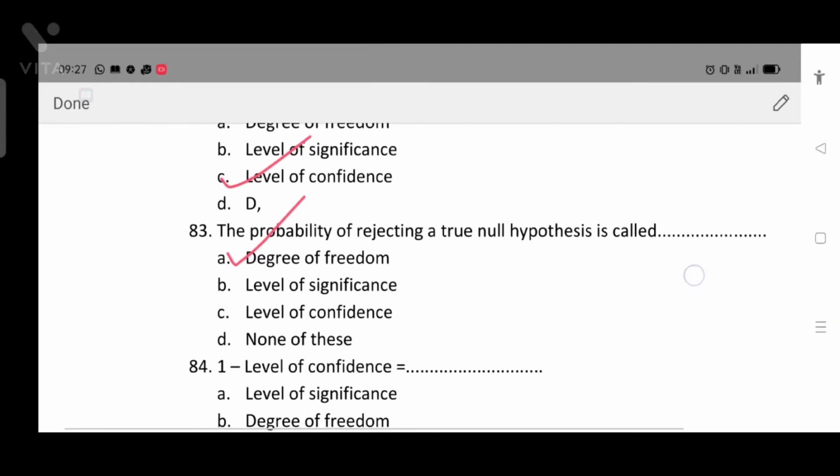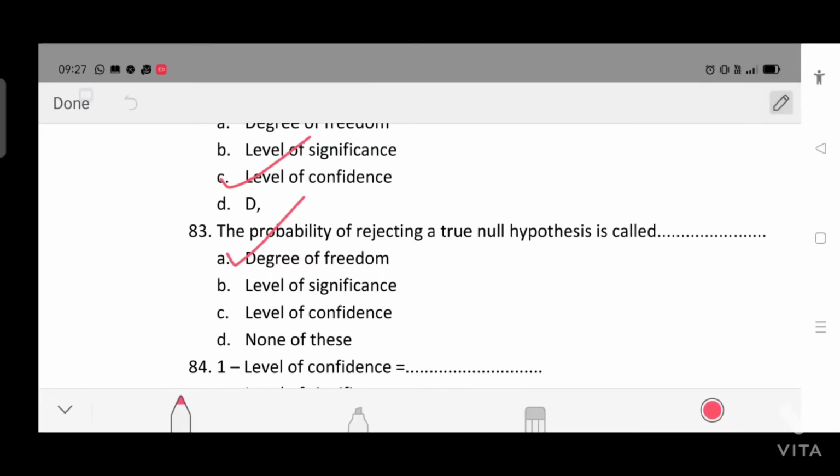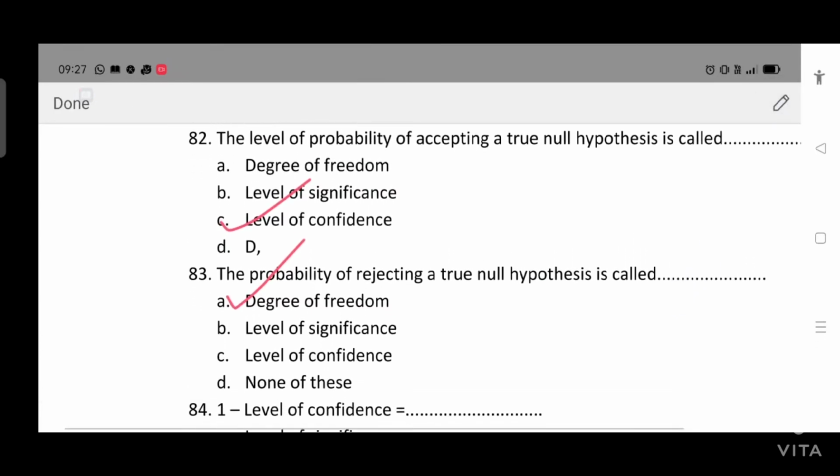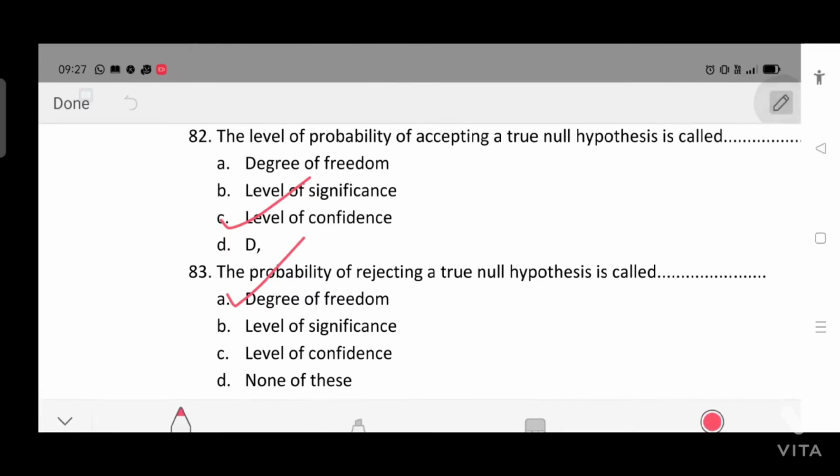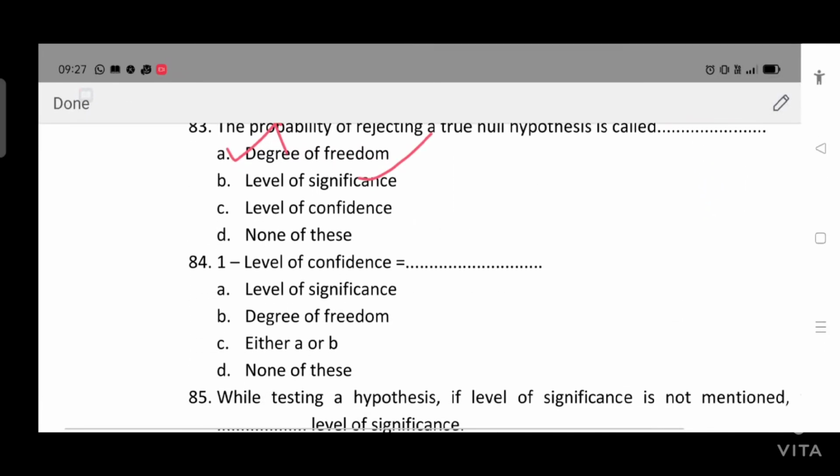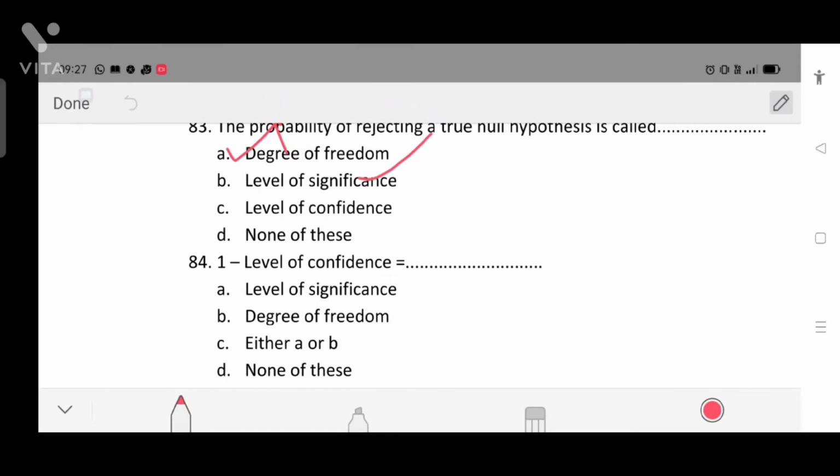Question number 82, C. Question number 83, level of significance. Answer B, level of significance. Question number 84. One minus level of confidence. Answer A, level of significance.